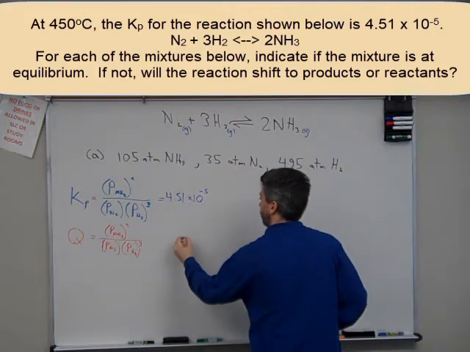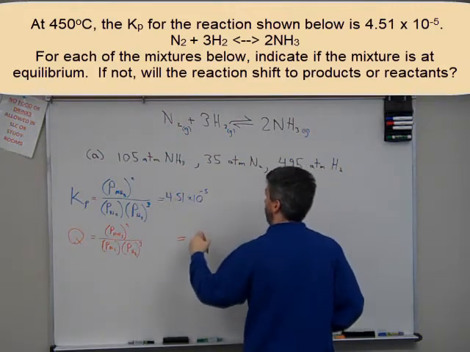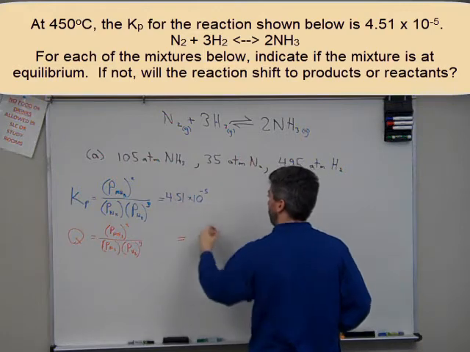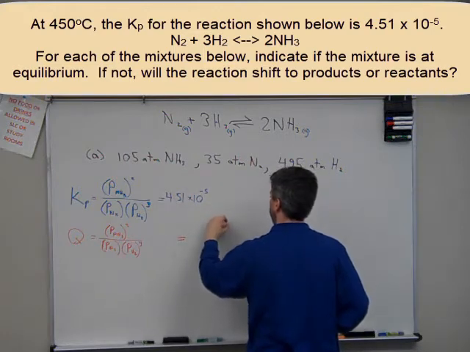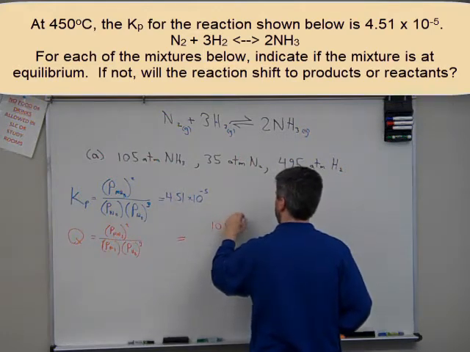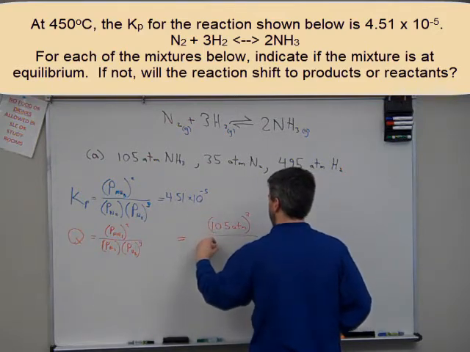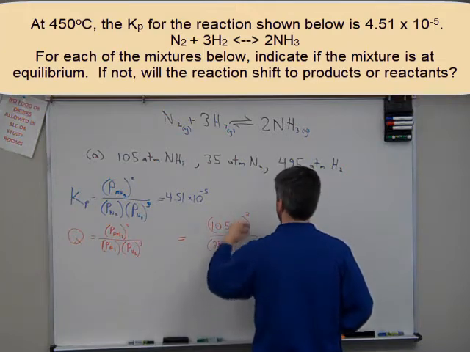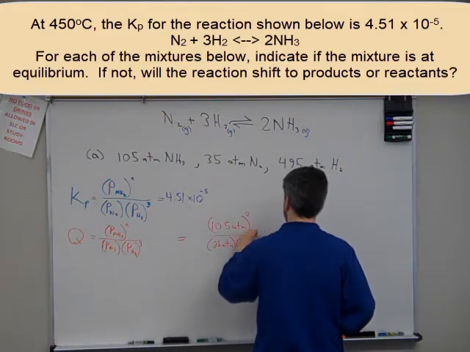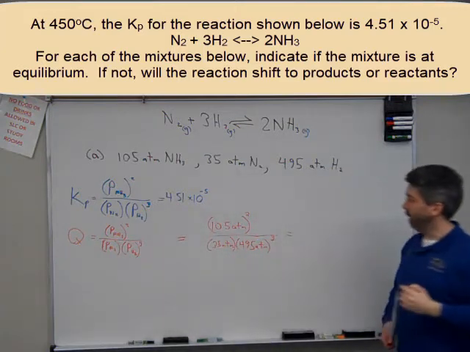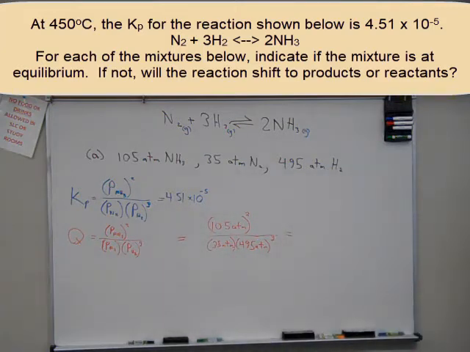Q for A is going to be the concentration of products, NH3, so there'll be 105 ATM squared over 35 ATM times 495 ATM cubed. Calculate that for me and tell me what you get.